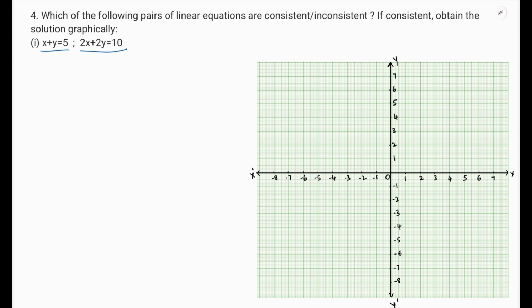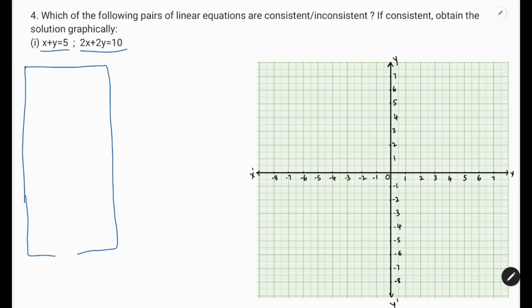Okay. See here. In the first equation, let us assume the values of x and we will find out the values of y.